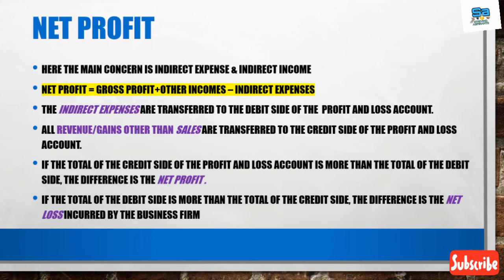And if the debit side is more than the total of the credit side, then it will be a net loss. So the net profit calculation formula is gross profit plus other incomes minus indirect expense.